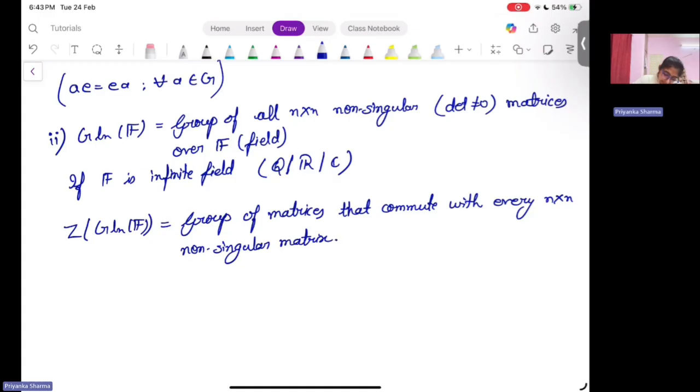And we know by linear algebra that scalar matrices have such a property.